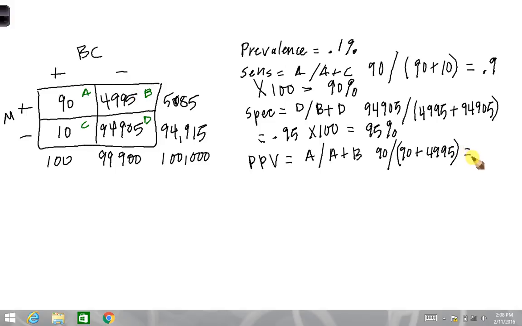And that number here is going to give us 0.01770. Go ahead and times that by 100, and rounding appropriately, we get 1.77%.